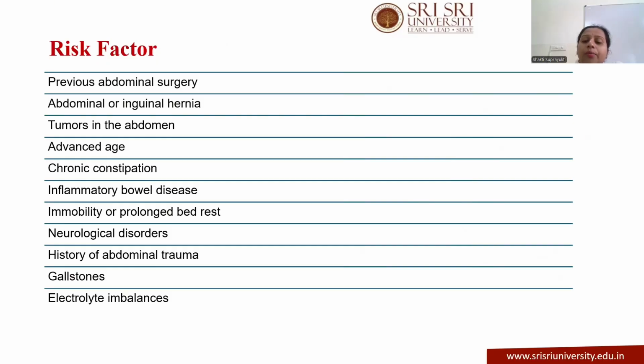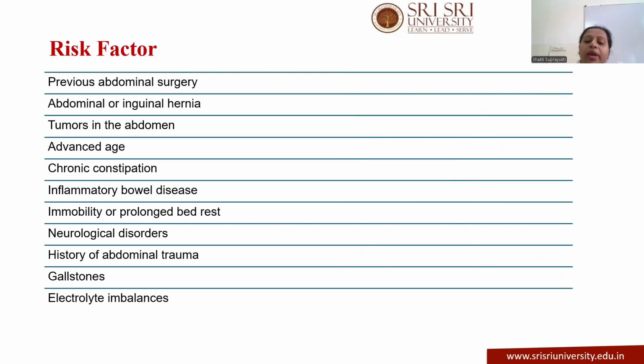Tumors within the abdomen can compress or block the intestinal lumen. Advanced age and also chronic constipation may cause fecal impaction and blockage. Then inflammatory bowel disease such as Crohn's disease. Crohn's disease is ongoing inflammation that causes scarring of the intestine.